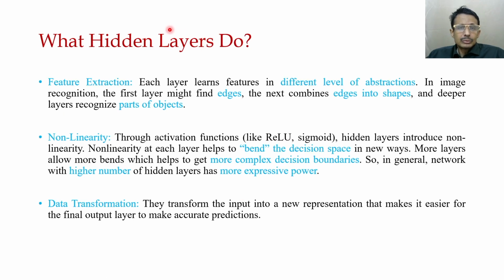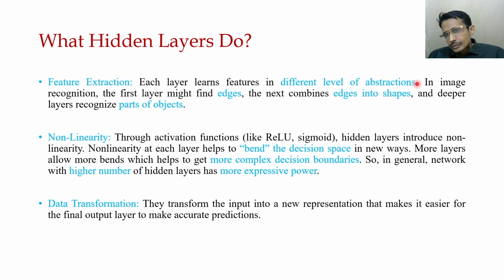Now let's try to understand in a bit more depth what a hidden layer actually does. As I said, feature extraction is done by the initial hidden layers, and as we go through the hidden layers from input to output, there is an increasing level of complexity of representation, at different levels of abstraction.